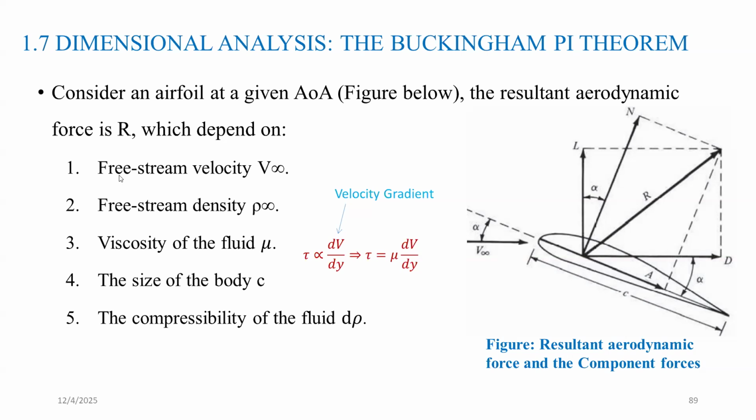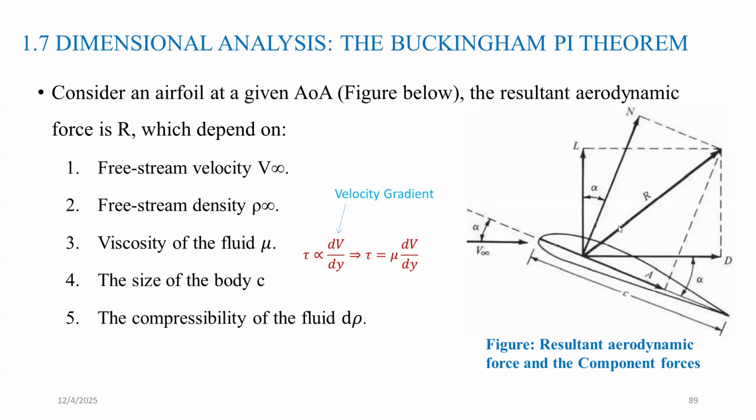This is what we call the Buckingham Pi theorem. Consider an aerofoil at a given angle of attack, and the resultant aerodynamic forces are the normal force and the axial force in the axis directions of the aerofoil. The lift acts perpendicular to the free stream, and the drag is parallel to the free stream velocity.